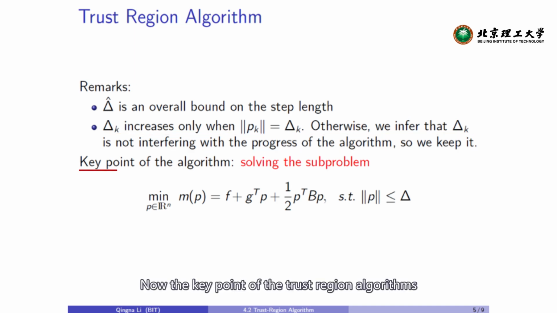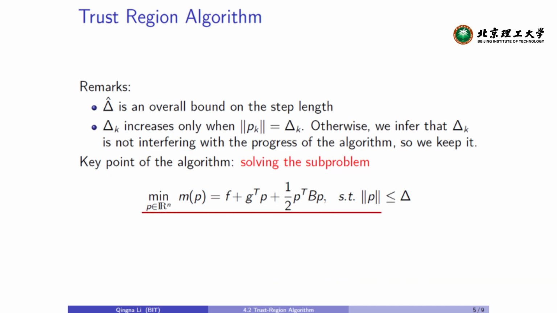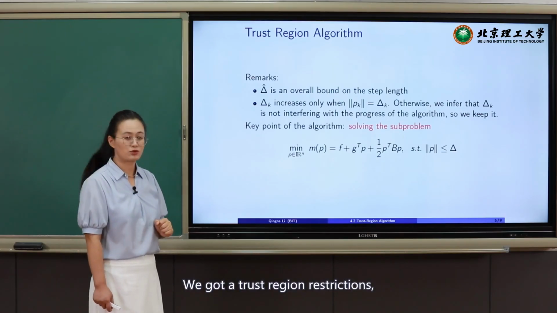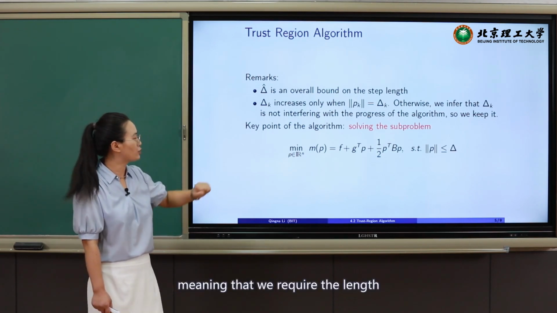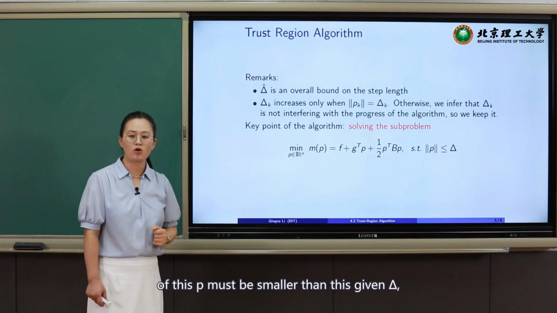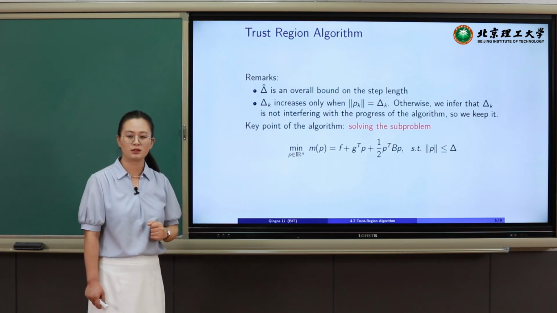Now, the key point of the trust region algorithms is how to solve the subproblem. The subproblem takes the following form. The model function is a quadratic function, and we have a trust region restriction, meaning that we require the length of this p must be smaller than this given delta, where delta is the trust region radius, okay?